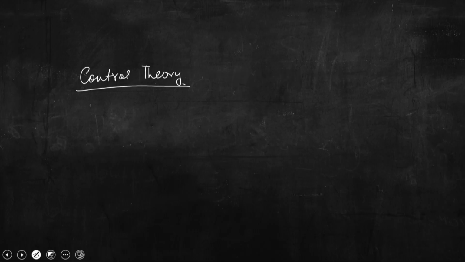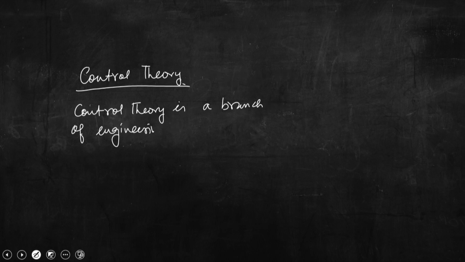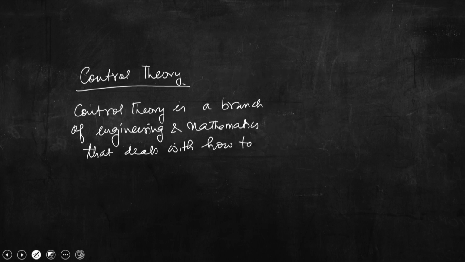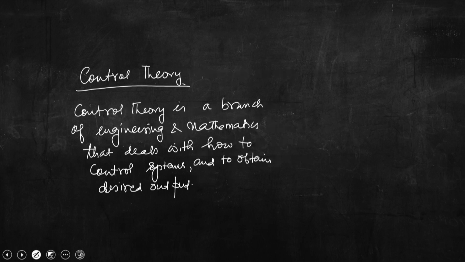If I write this definition: control theory is a branch of engineering and mathematics that deals with how to control systems and to obtain desired output. This is control theory.